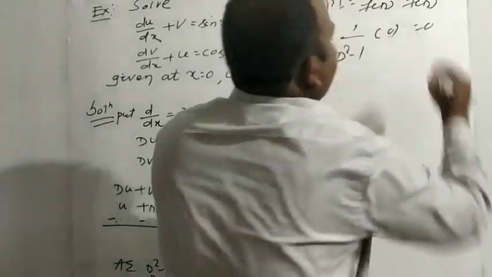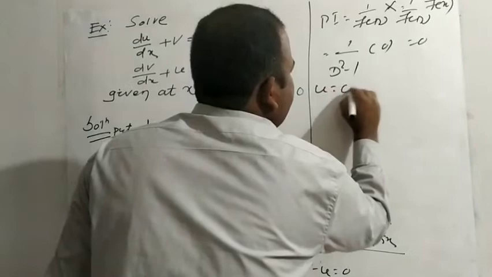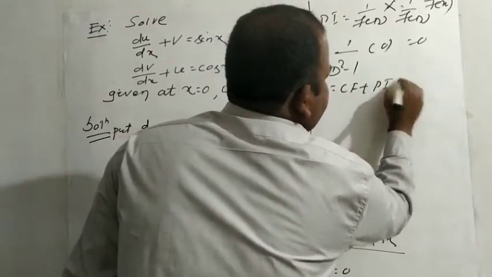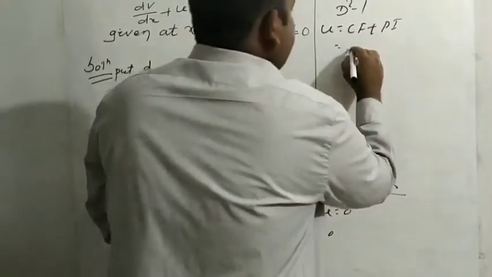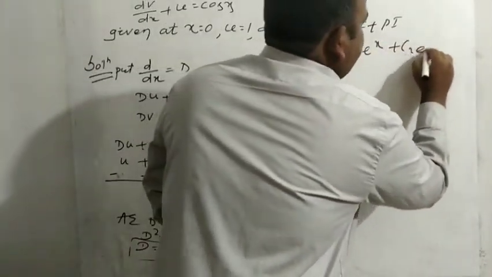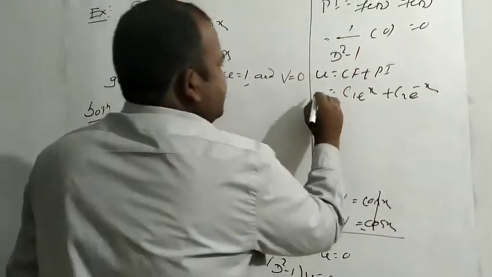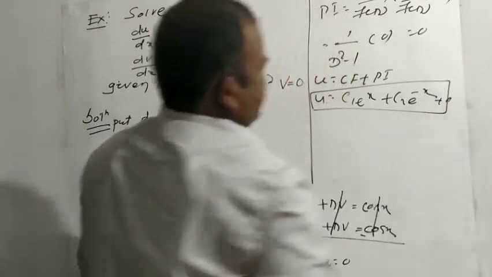So PI will be 0. So what is the solution for u? u equals CF plus PI, where CF equals C1 e raised to x plus C2 e raised to minus x. This is the value of u, but PI is 0.